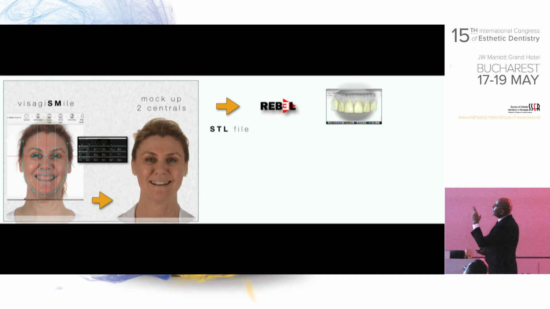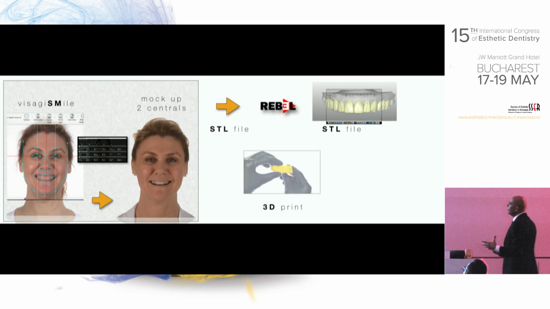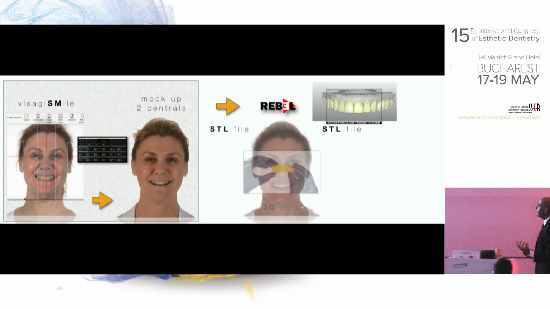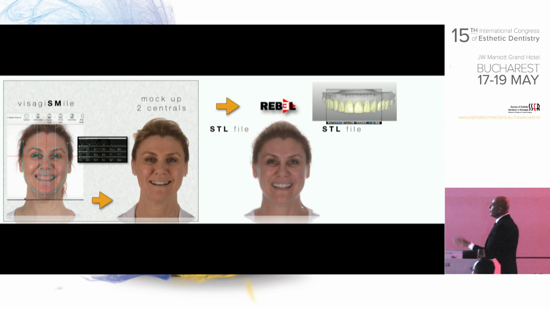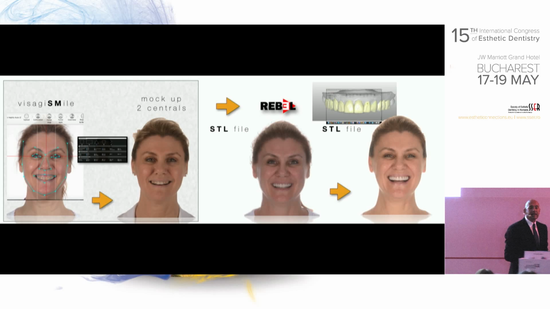So Visage Smile design, conversion of this into 3D, coming up with an STL file. So in your office, it's going to be 3D printed and tried in the patient's mouth. This is the APT, which you still have a chance to play with before you prep the teeth. And then if it's okay, then go ahead with the final porcelain veneers.